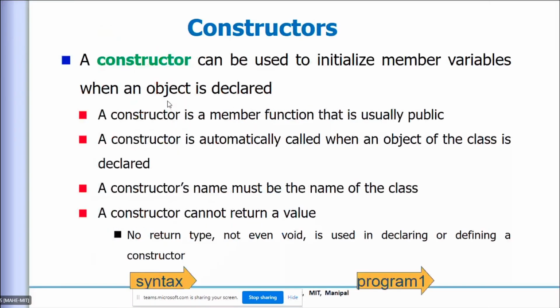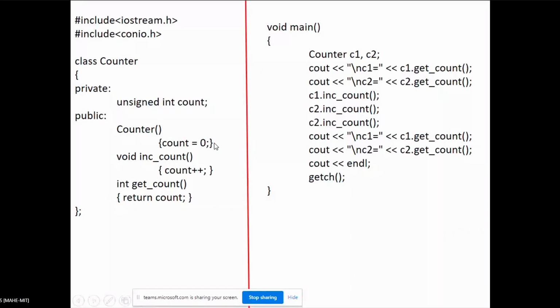Now let us take one program on this. I have created a class Counter, and you declared a variable count. Observe this: this function name is the same as your class name, so it is a constructor for you.